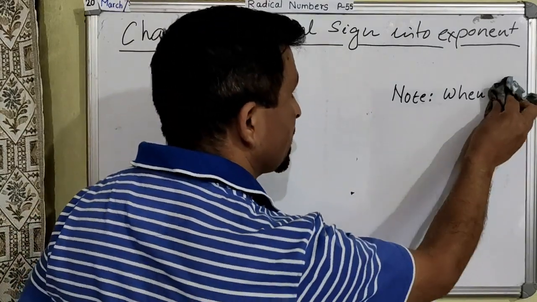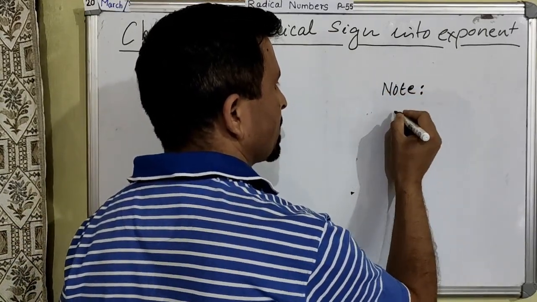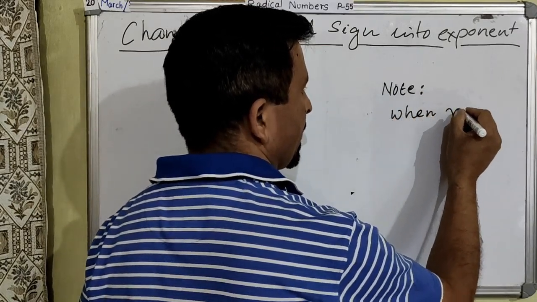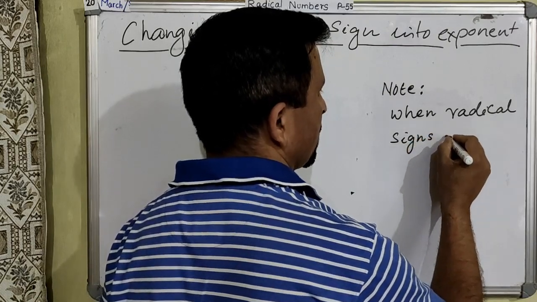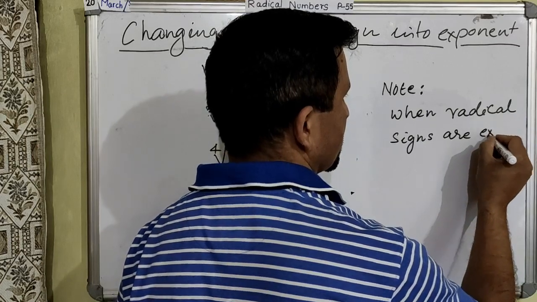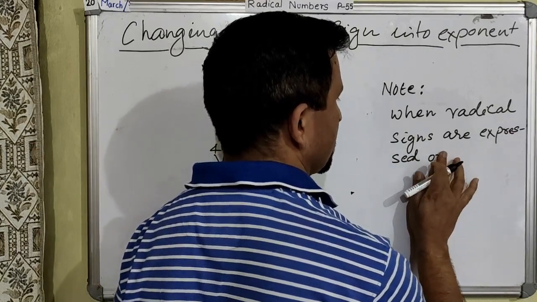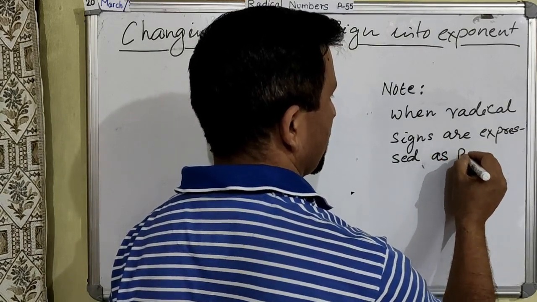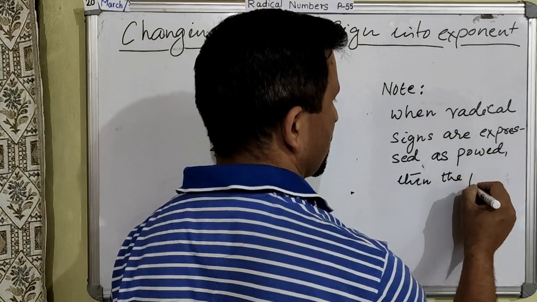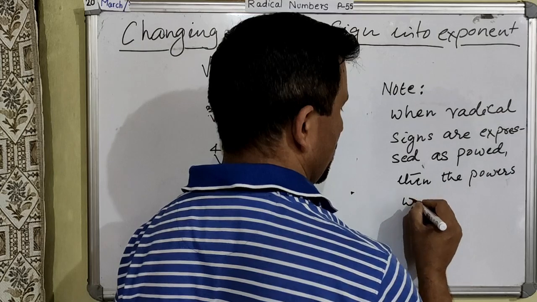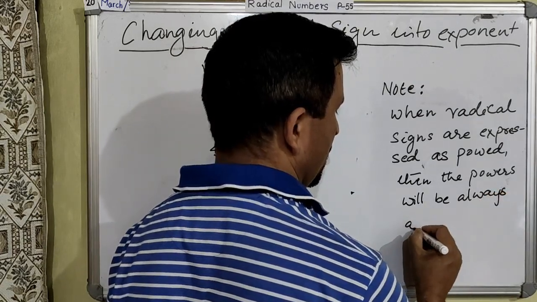Note: when radical signs are expressed as power, then the powers will be always a fractional number.